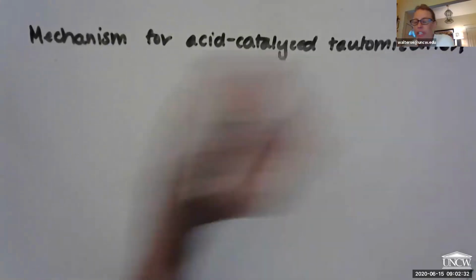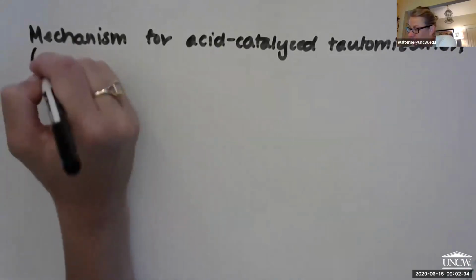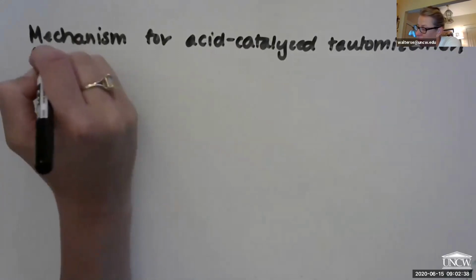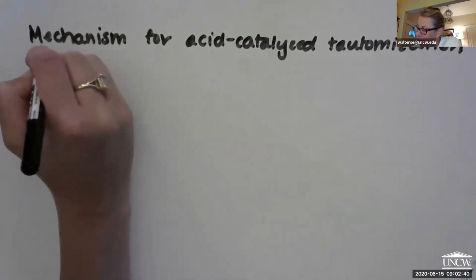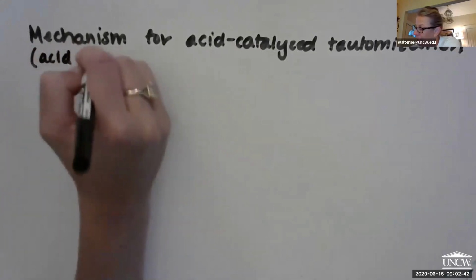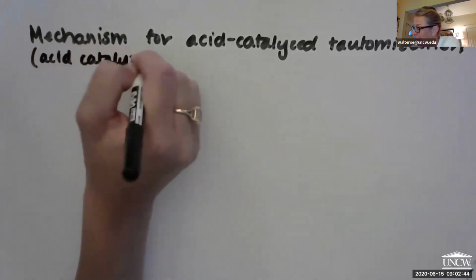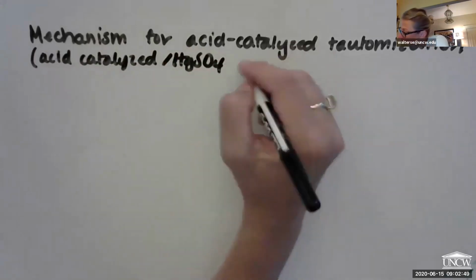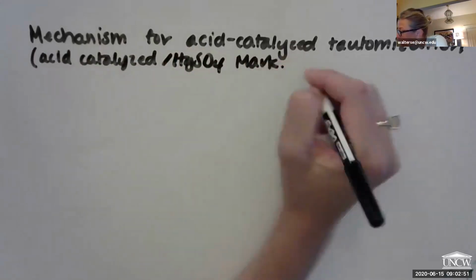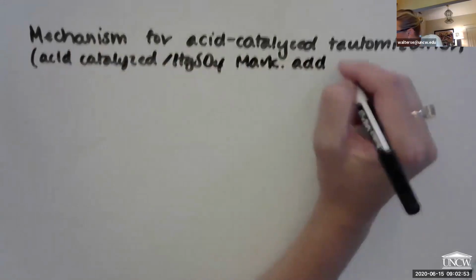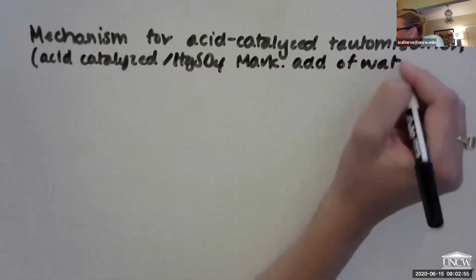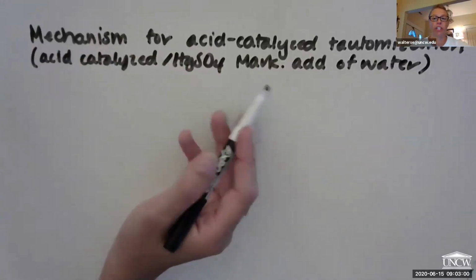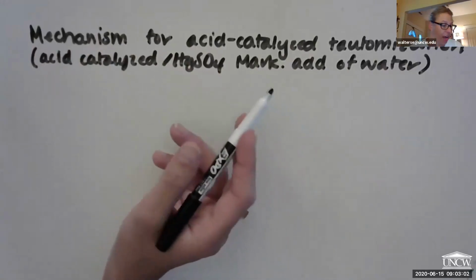And this tautomerization, remember, in this case, is going to be specific to the acid catalyzed with the mercury sulfate Markovnikov addition of water. You will also have a base catalyzed tautomerization, but that will be for the anti-Markovnikov addition of water to the alkyne.